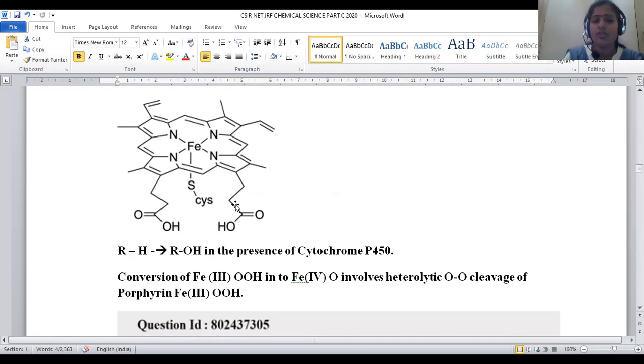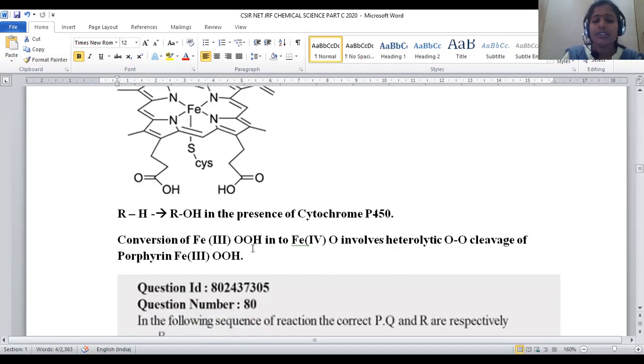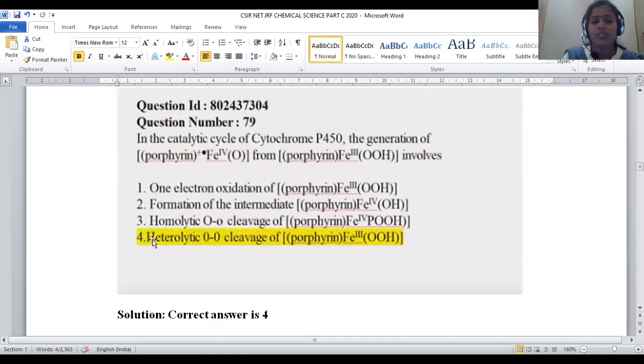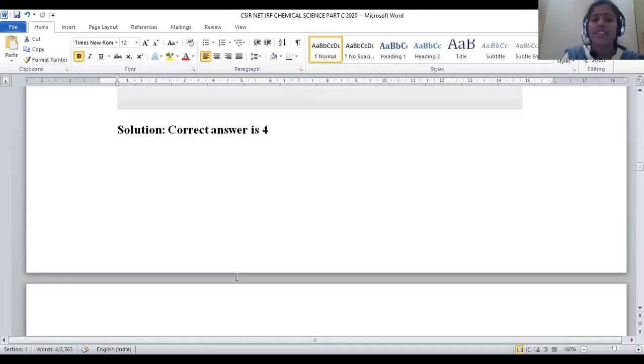This is the structure of cytochrome P450. During this reaction, conversion of Fe plus 3 into Fe plus 4 involves heterolytic cleavage of the oxygen-oxygen peroxy bond. So option number 4 will be the right answer for question number 79, right? So 79, option number 4 will be the right answer.